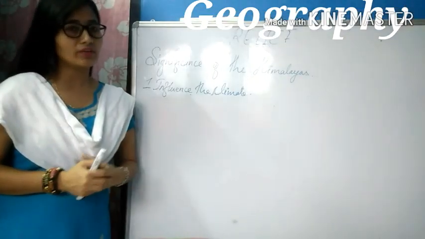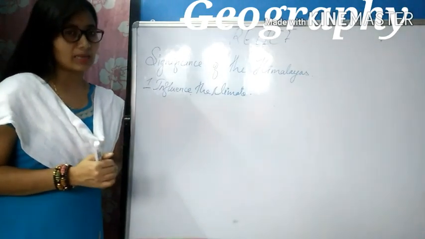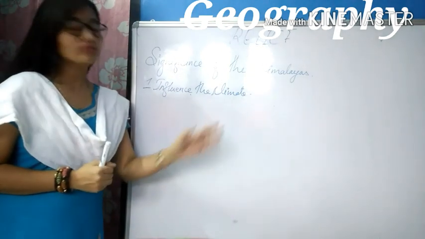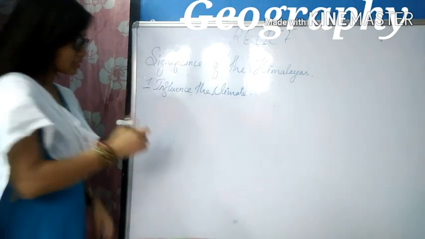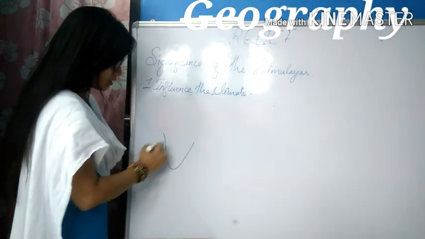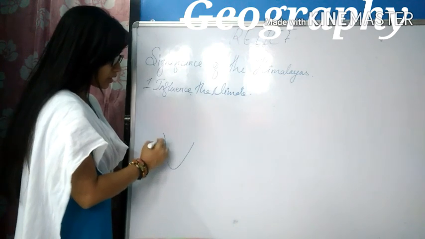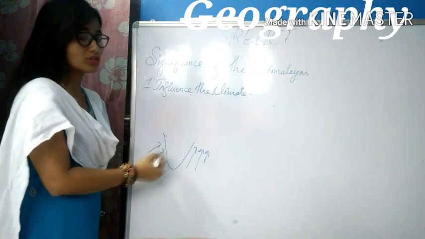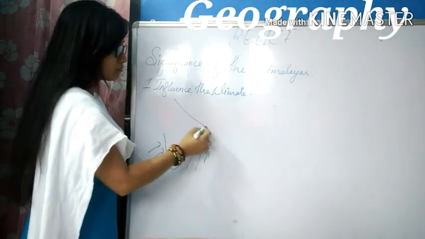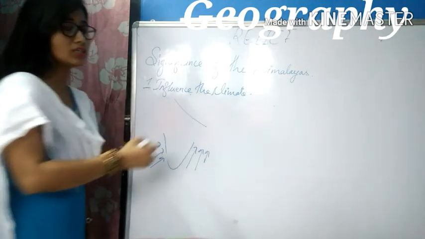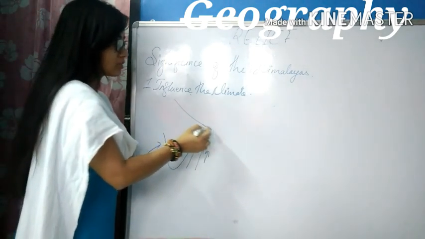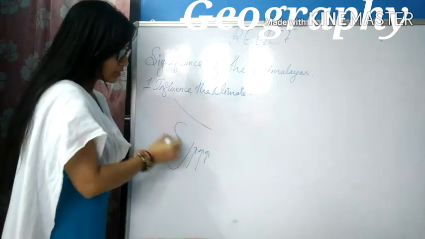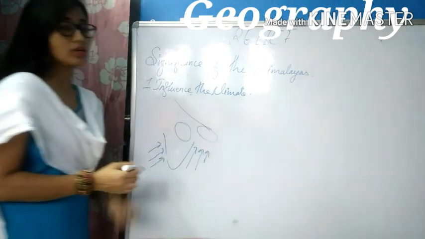The Himalayas play a very significant role in influencing the climate of India by virtue of its great height, length and direction. The Himalayas do not allow the moisture-laden monsoon winds of the Arabian Sea branch and Bay of Bengal branch to cross this region and shower rainfall in the central and northeastern region of India.